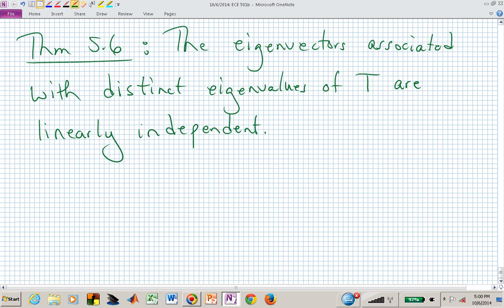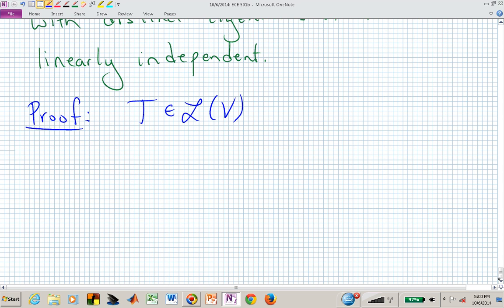Let's look at a proof of this. Now, you thought your head was spinning earlier. Let's see if we can go through this particular proof. First, let's start with T being this operator on a vector space V, and let's establish some notation. Little m is how many eigenvalues we have, and they are distinct.